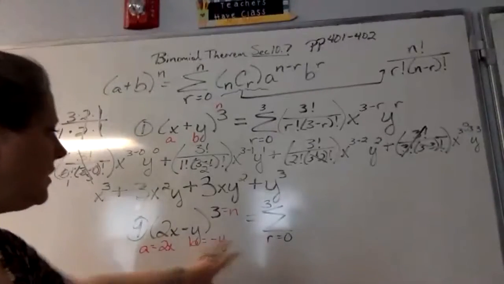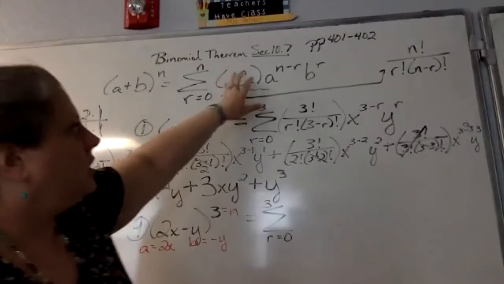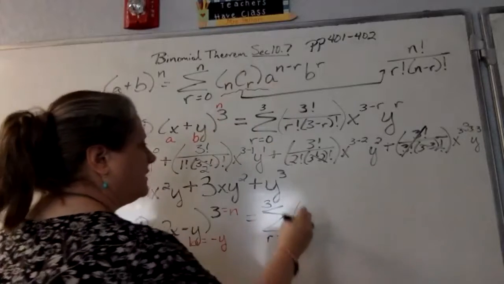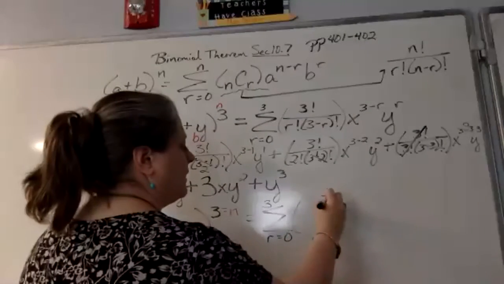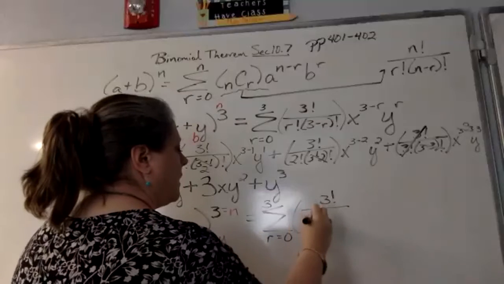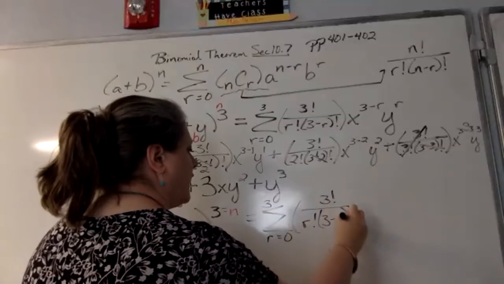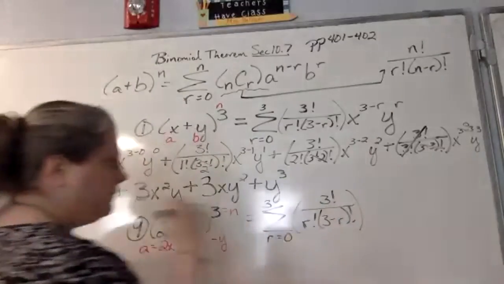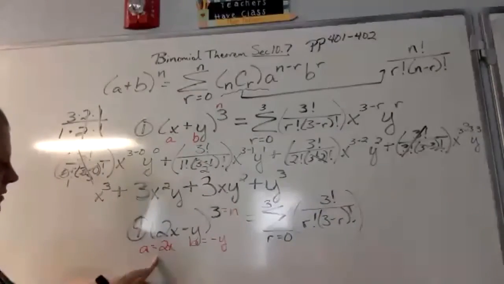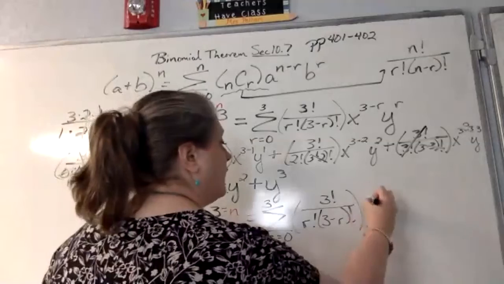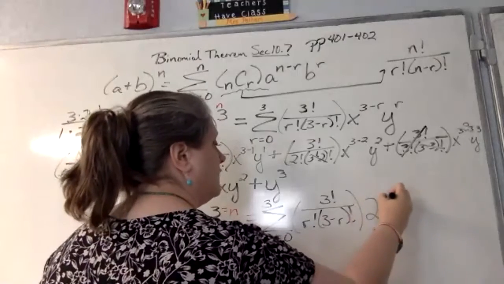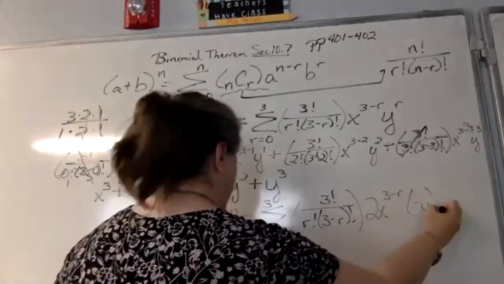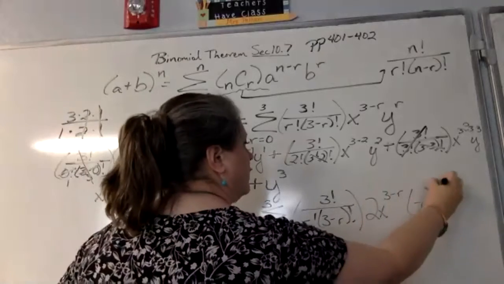Okay, so when I go to write my sum using my formula up here, it's going to be basically the same as what I started on this one. I have 3 factorial over r factorial, 3 minus r factorial, and then my A was 2x, so I'll have times 2x to the 3 minus r, and then I'll have negative y to the r.